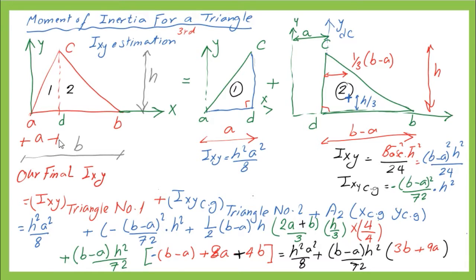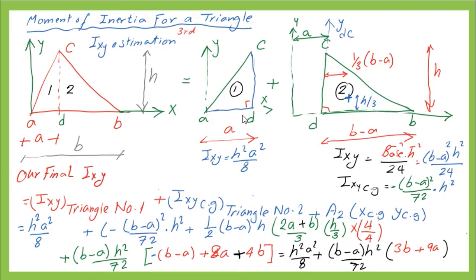For the IXY, we can consider this triangle ABC as composed of two right angle triangles. The first one, which is triangle ADC, we call it triangle number 1, while the second one is triangle BDC, we call it triangle number 2.